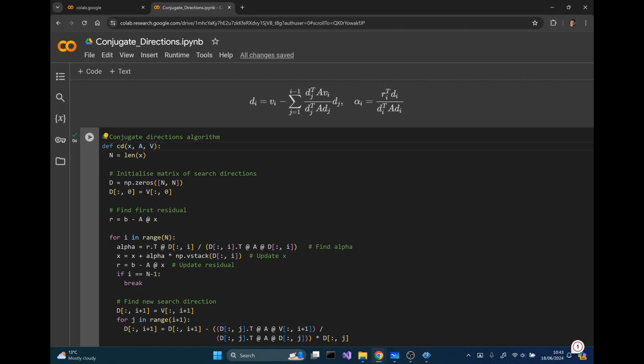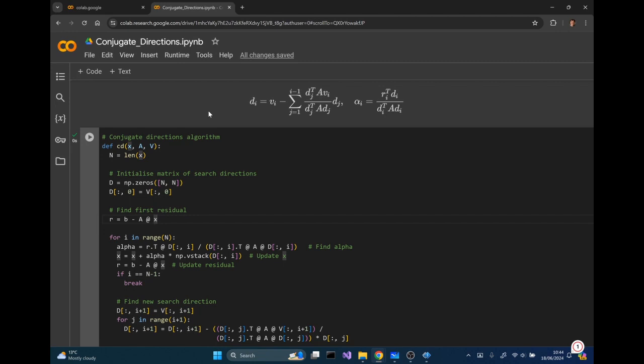I'm going to take as an input our initial guess at x, the matrix A, and then a matrix V. Because our A orthogonal Gram-Schmidt algorithm uses these vectors V, I've put them all into one big matrix that I've written as a capital V. For our A orthogonal Gram-Schmidt, we need to store all of our previous search directions to compute the next search directions, so I'm going to do that in a matrix capital D. Then we know that our very first search direction is also equal to the first vector V. Here we're going to compute the first residual.